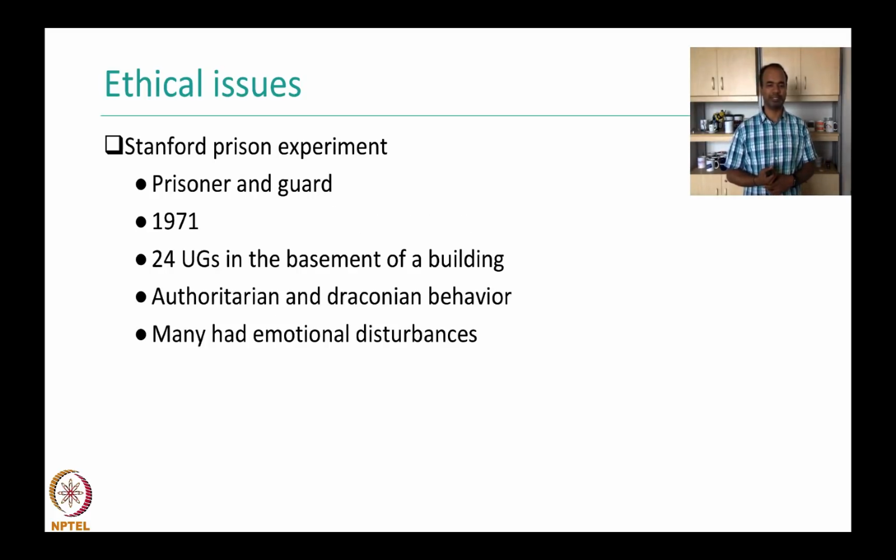Here is another experiment. This experiment actually changed the way that human subjects are handled. Right? The Stanford prison experiment. So the idea here is twofold: the prisoner and the guard.